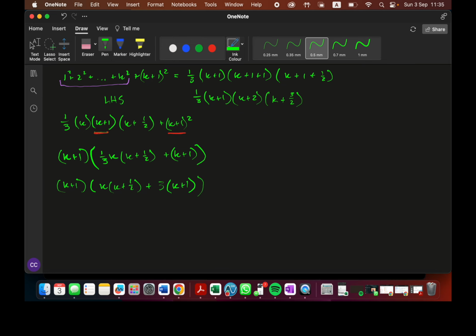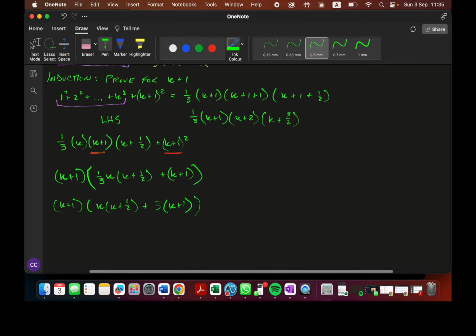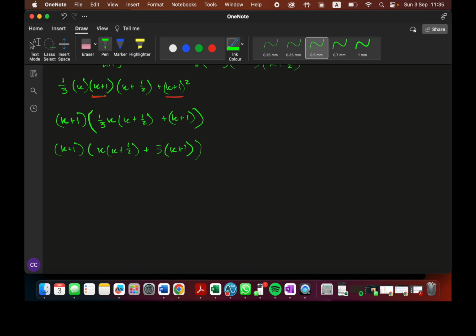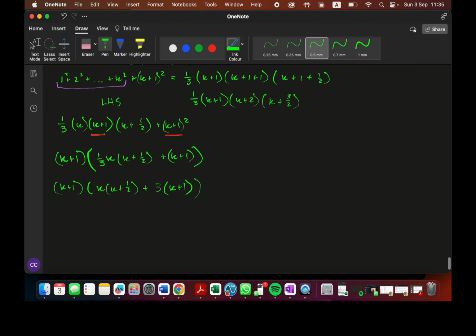Is this simplifying at all? I feel like we're making progress here. I've got k plus 1 and k plus 1/2. We're looking good there. So let's see what happens if I multiply some things through.